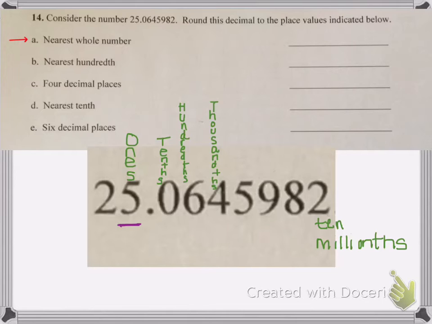Then you have what's called a critical digit. The critical digit is the number to the right of the place value to which you are rounding. So if I'm rounding to the ones place, my critical digit is in the tenths place. Now that critical digit tells you what to do with the number that's in the place value to which you are rounding.